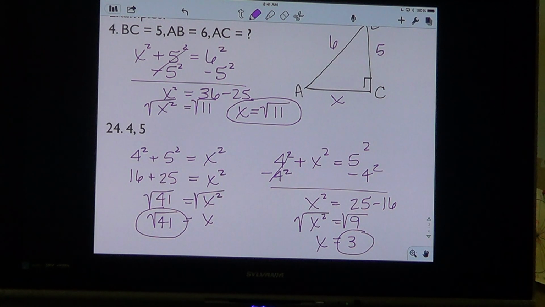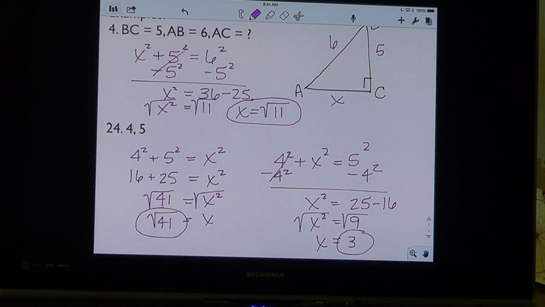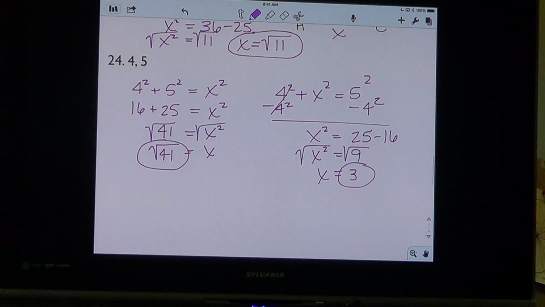Normally whenever you take the square root of something, you have to consider the positive and the negative square root. But since we're talking about lengths and distances, they're not going to be negative, so we don't have to. Okay, any questions?